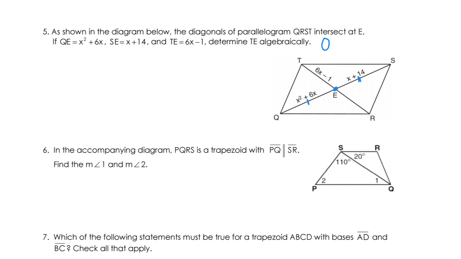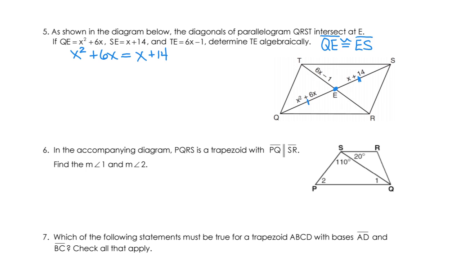We know that QE is congruent, or has the same length as ES. And so we're going to take our x squared plus 6x, which is QE, and put it equal to x plus 14, which is what ES is being represented by.